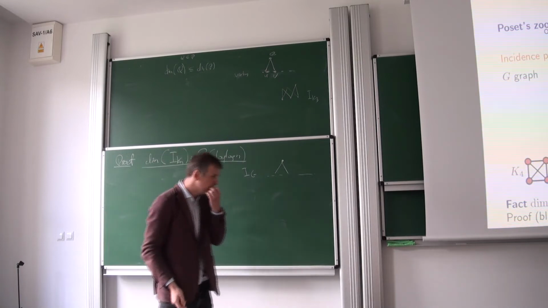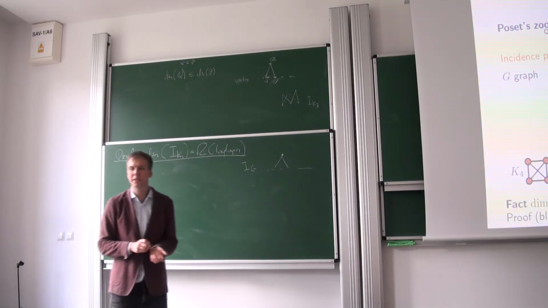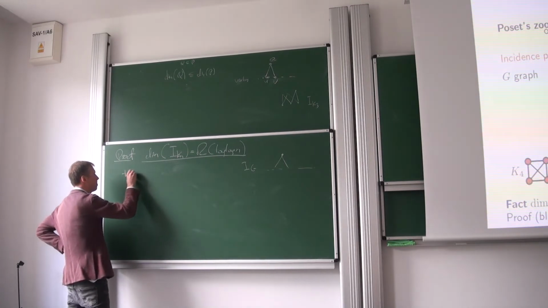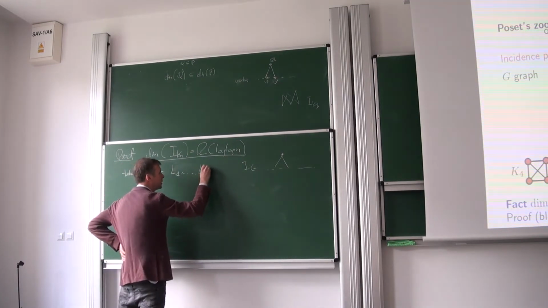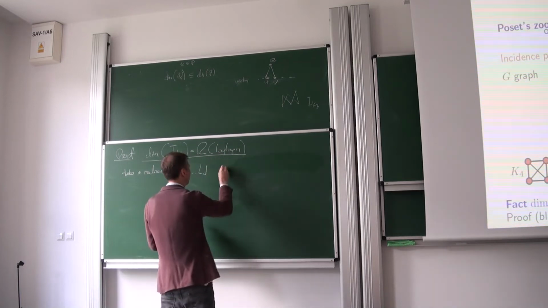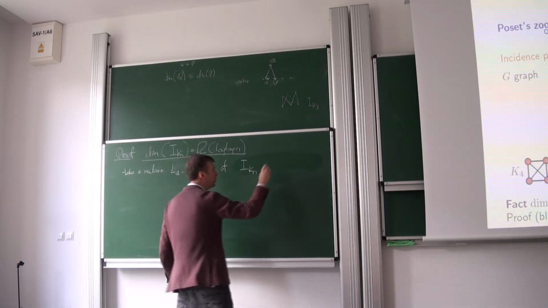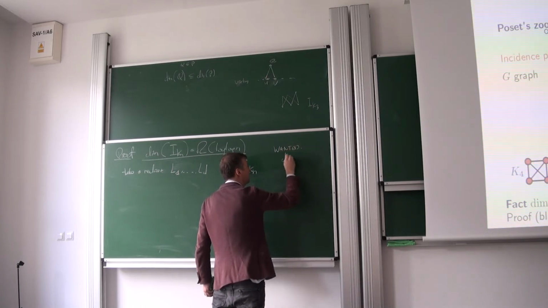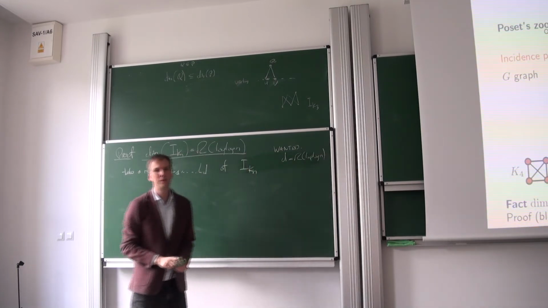How do we argue? We need to argue that the dimension is large, so we take a realizer. Take linear extensions L1 up to Ld, a realizer of the poset IKn. We want to show that d is omega of log n. This will complete the proof.